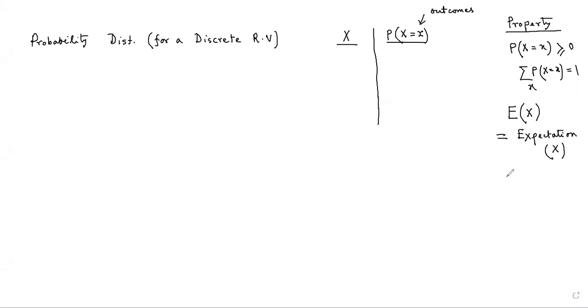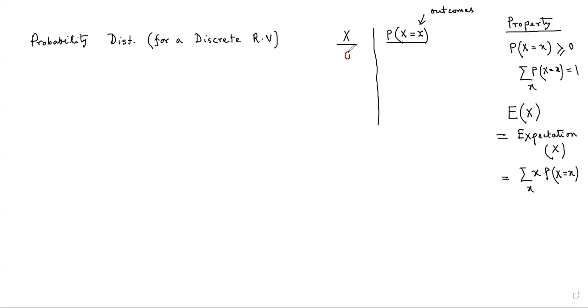And it is calculated for the discrete random variable case by multiplying each of the outcomes by its respective probability, and we sum it up over all possible outcomes. Okay, so this much we discussed in our previous class, and the example that I considered, I'm rewriting once again.